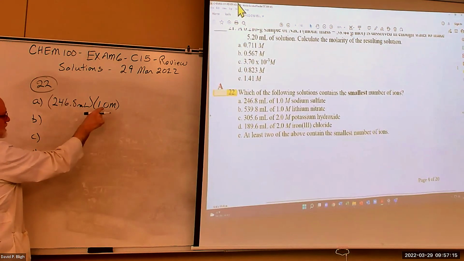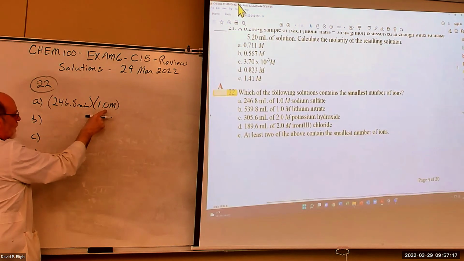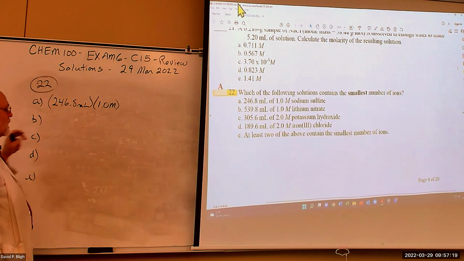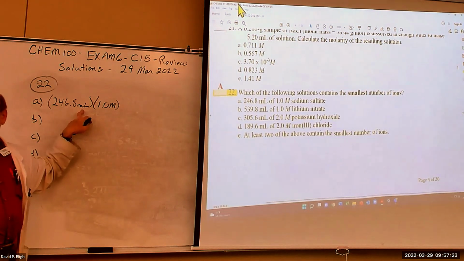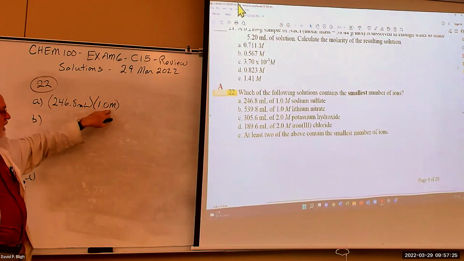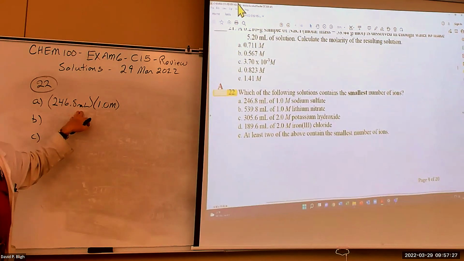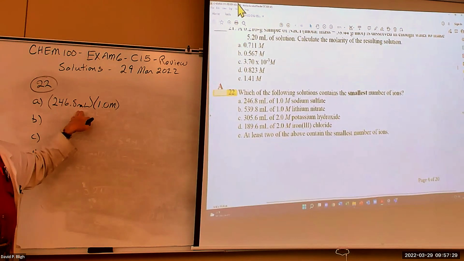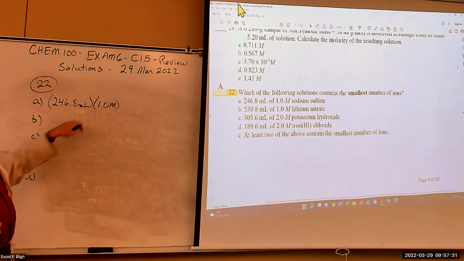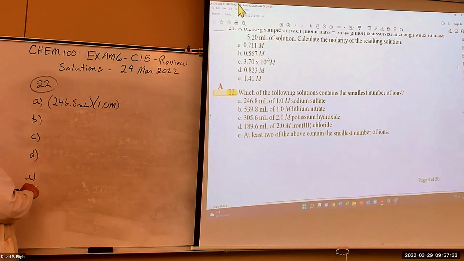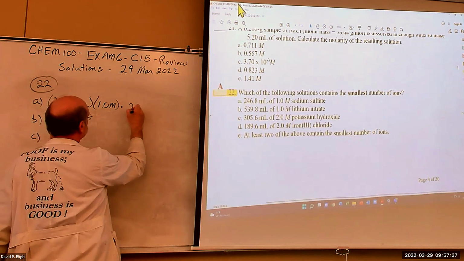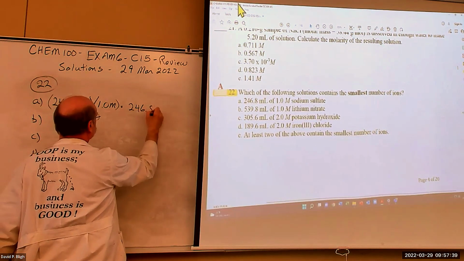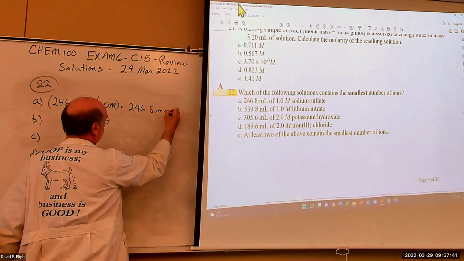Remember, volume times molarity equals moles. This is not in liters, right? But if you multiply molarity times milliliters, you get millimoles. How do I know that? Well, if we multiply 1 times that, we get 246.8, and I'm calling them millimoles.